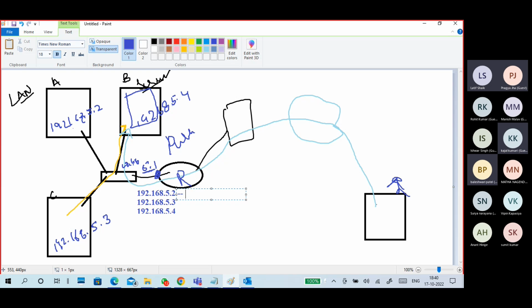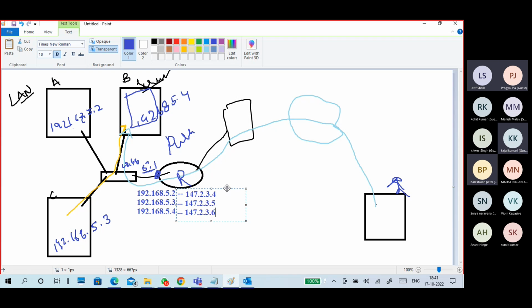Here it is a different public IP. For example, 147.2.3.4, something, and 147.2.3.5. So these are my public IP addresses.